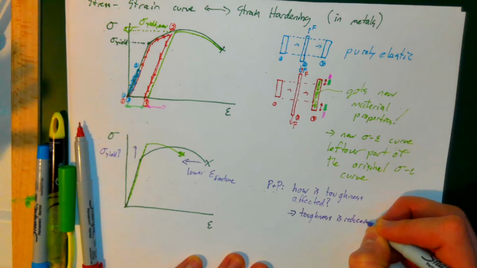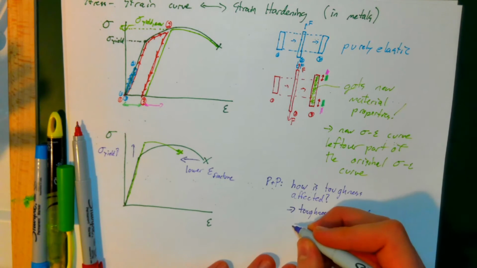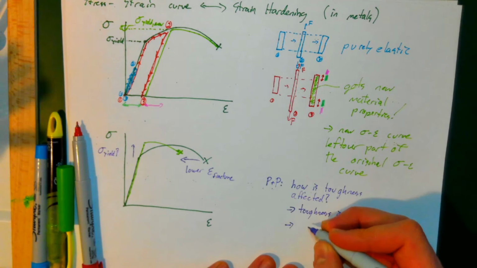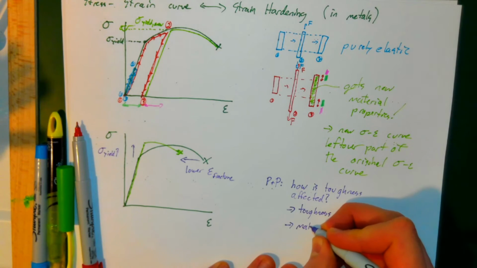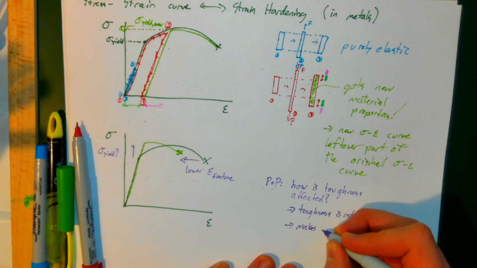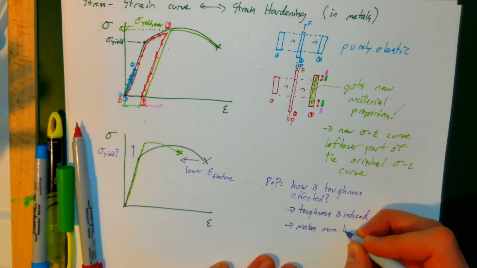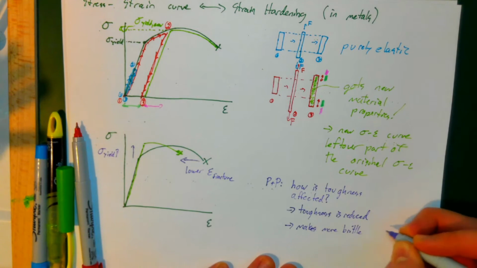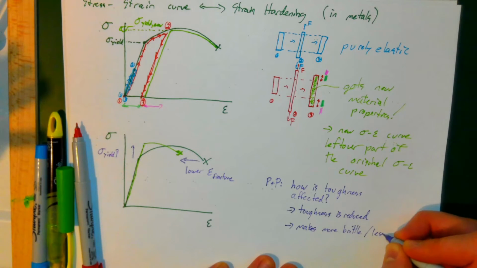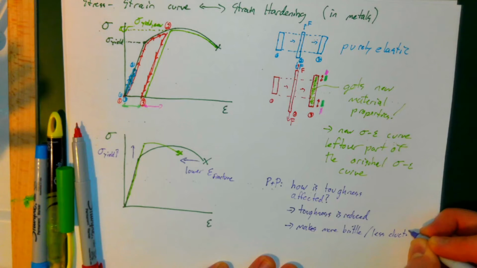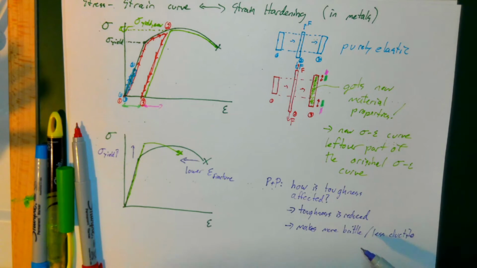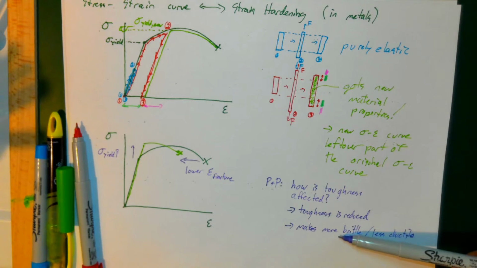And a qualitative way of thinking about toughness being reduced is it basically makes materials more brittle, or less ductile. And you can imagine that has some serious implications for design, right?